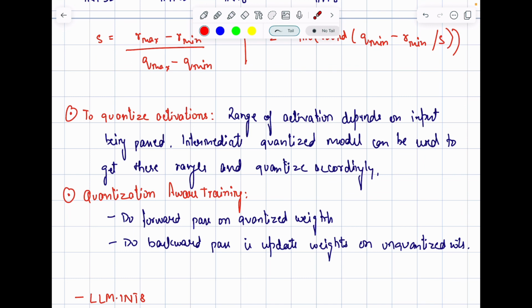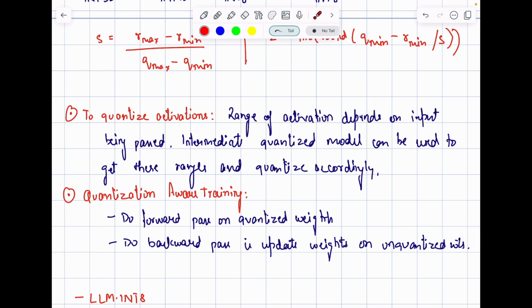But in the case of activation, it is the output of the linear layer or non-linear layer, right? So that means it is a function of the input as well as the weights. So activation will continue to vary based on the input. So what you can do is find the minimum and the maximum range for the activation by passing the dataset, or some portion of the dataset, or a representative dataset through it, and get the range and quantize accordingly.